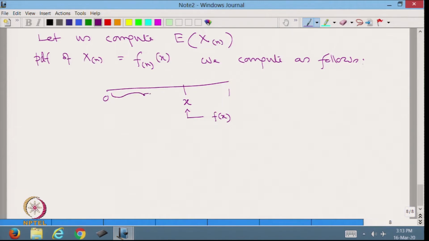All other remaining n-1 will be in this region, which gives F(x)^(n-1), and there should be 0 observations here.